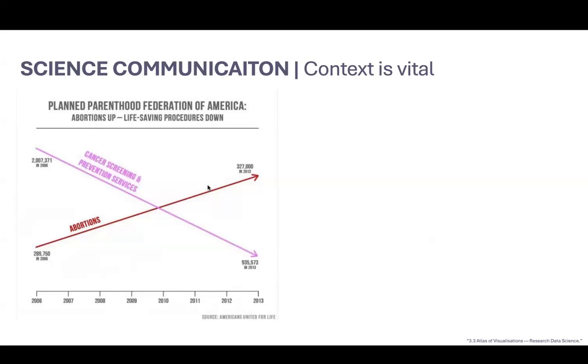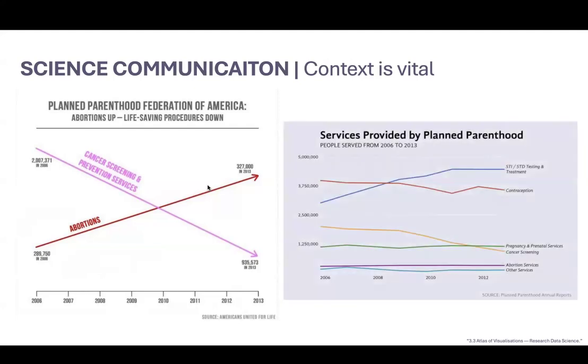And here I have an example of a group that created a graph to argue a specific kind of narrative about a group in the US. And at first glance, this looks convincing that these two things are kind of inversely correlated. But when you look at it in the context of a greater data, you can see how this was a bit of a visual manipulation and is distorting the actual story that the data tells.